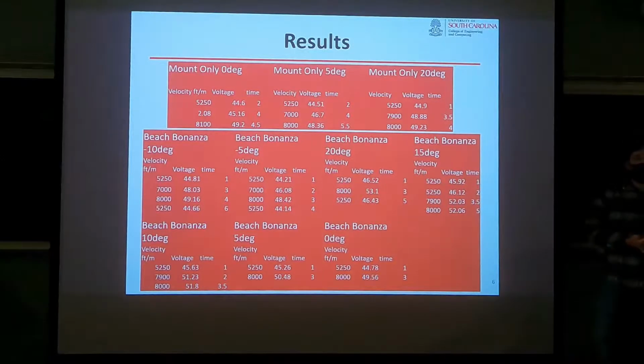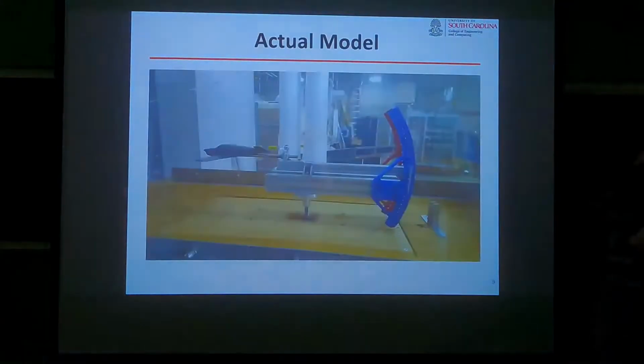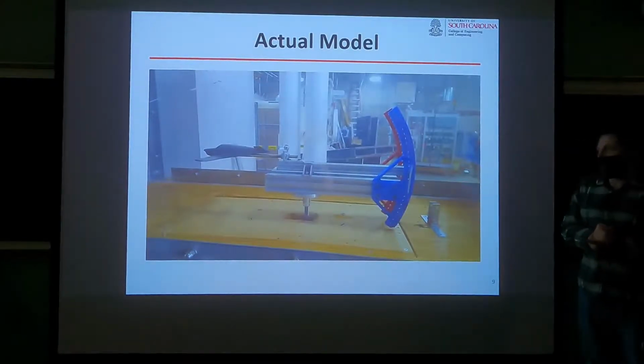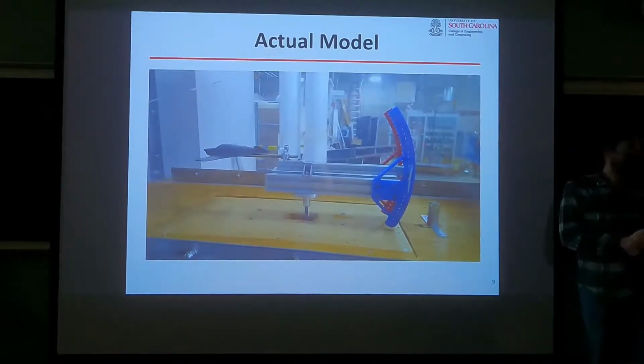I see you have all the different angles that you used, but then you have the mount only. Is that without the model, and if so, how come you have different angles of attack for it? So he's asking about our model-only calibration data.